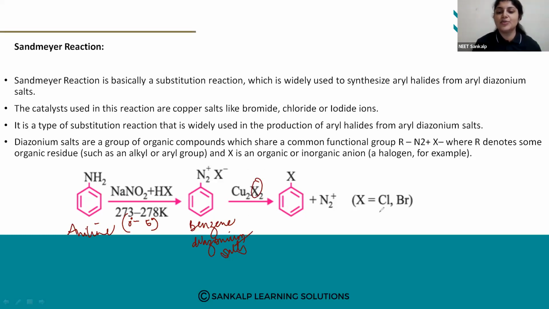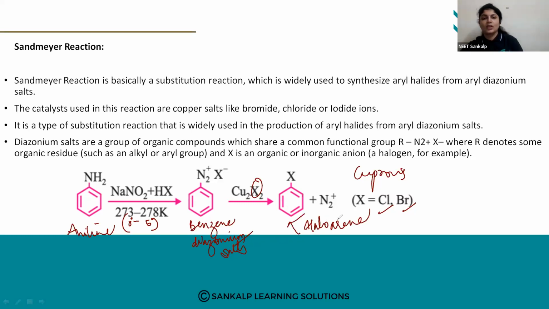So X can be chloride, bromide or iodide with the cuprous salt. Plus, what is obtained is the haloarene. So this is your Sandmeyer's reaction. I hope this is clear.